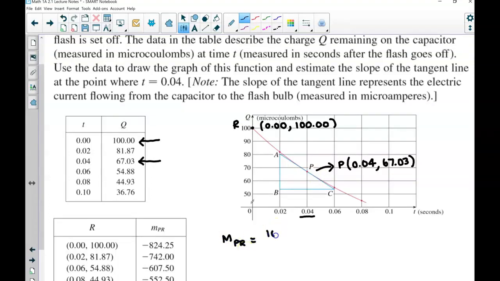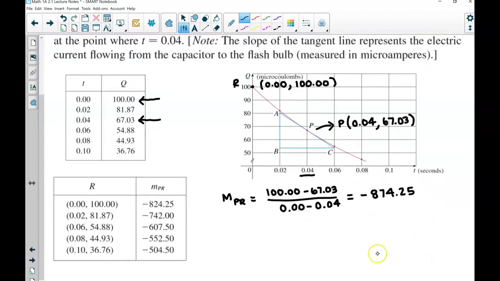Okay, we have our y1, which is 100, minus y2, which is 67.03. And then we're going to divide that by x2 minus x1. And that gives us a slope of negative 874.25.